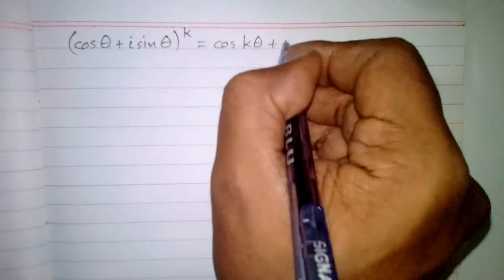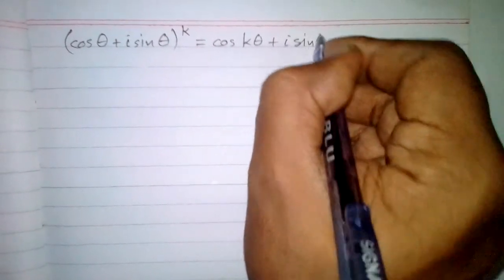Now we can suppose that (cos theta plus iota sin theta) raised to the power k is equal to cos k theta plus iota sin k theta.